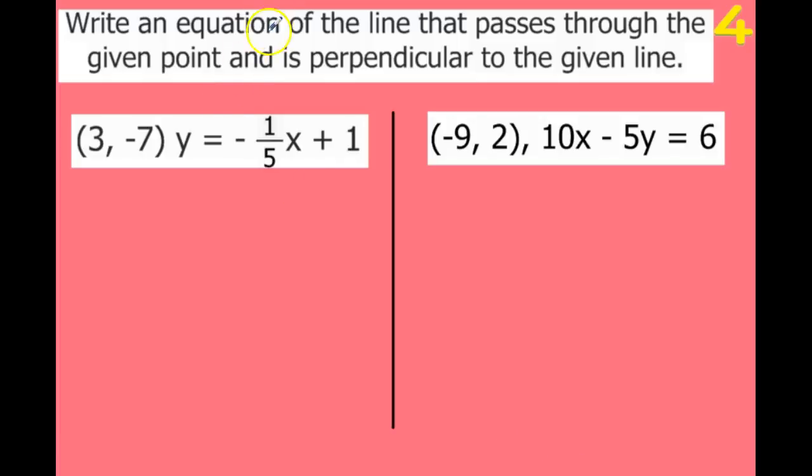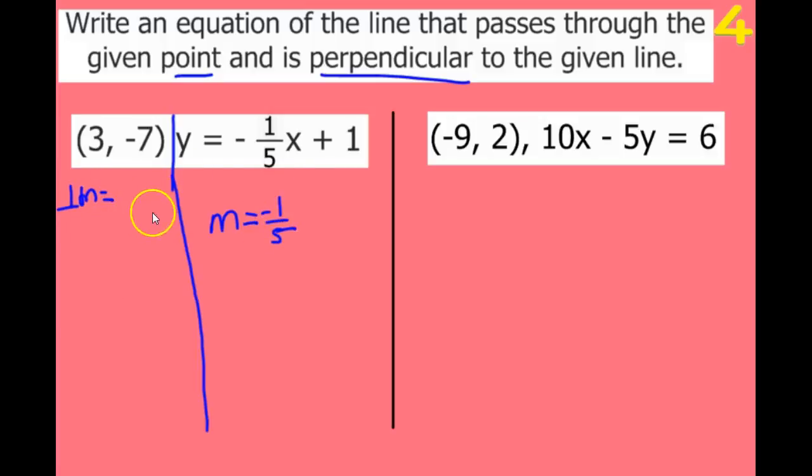Alright, next write an equation of the line that passes through the point and is perpendicular to the given line. So here's our line. Our slope in this line is negative 1/5, but for our new line, we want a slope that is perpendicular. So over here, our perpendicular slope, instead of negative, would be positive.